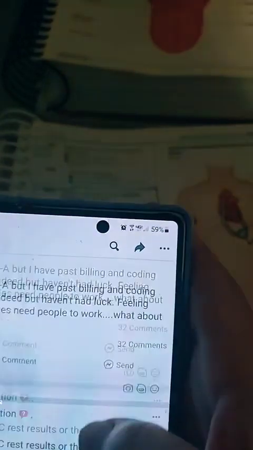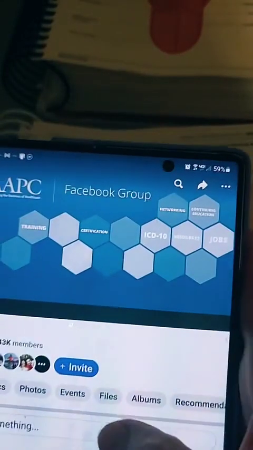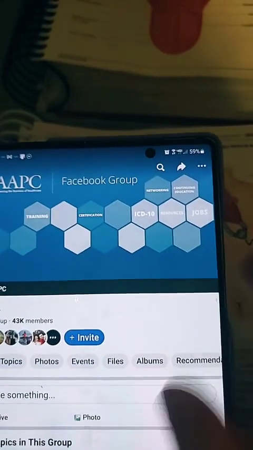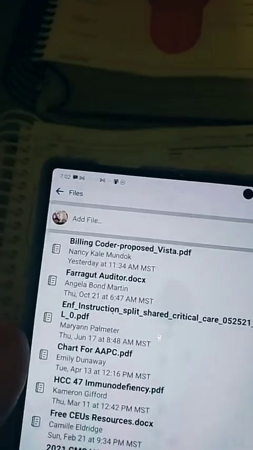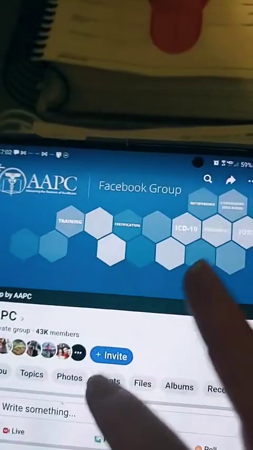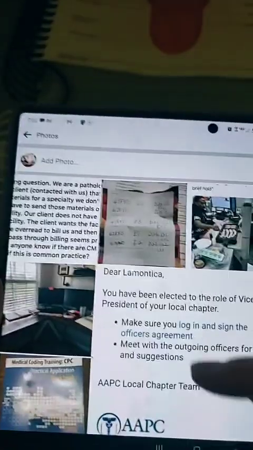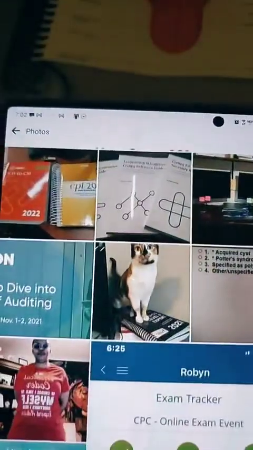On their site too, you can search under photos, and you can also search under files. They have tons of files and tons of helpful information, and you can search their photos too and see what everybody else has shared. We got kitty cat photos too.